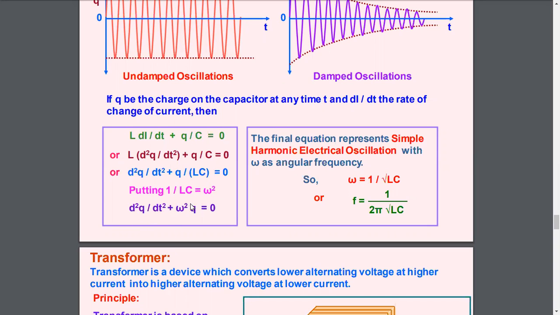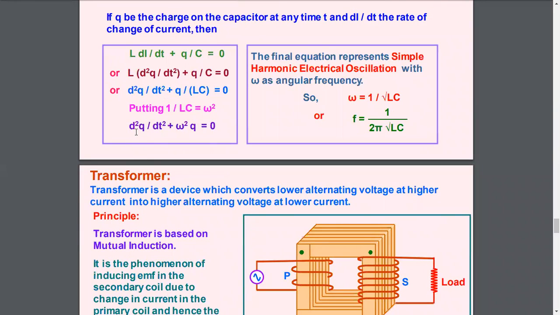So our format of differential equation is d square q by dt square plus omega square q equal to 0. And here we see that omega square equal to 1 by LC. So omega equal to 1 upon root LC. This is called resonance frequency or simply frequency of oscillation.